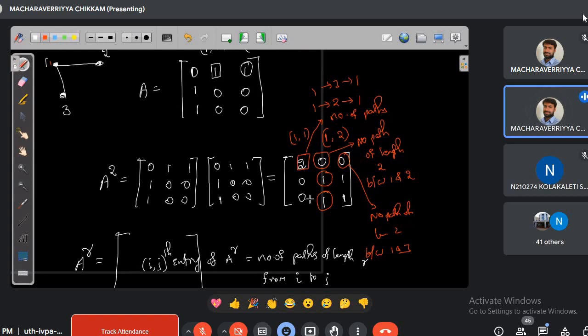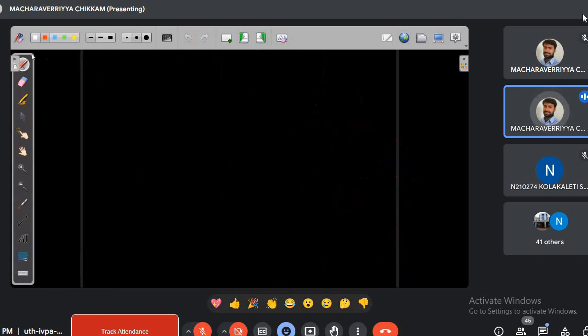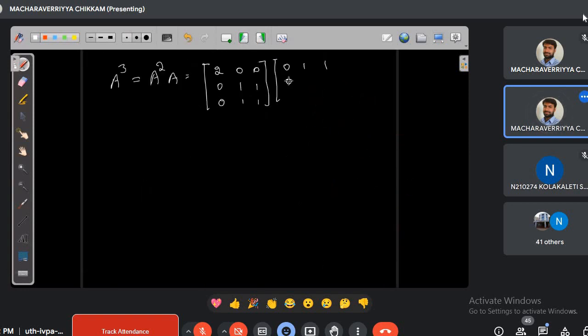Okay, so let us try to see what A cube is here. Now if I compute A cube, that's A square into A. What is A square actually? It is 2, 0 0 0, 1 1 0 1 1, and this is multiplied with what is A, 0 1 1, 1 1 0 0 0 0, right?